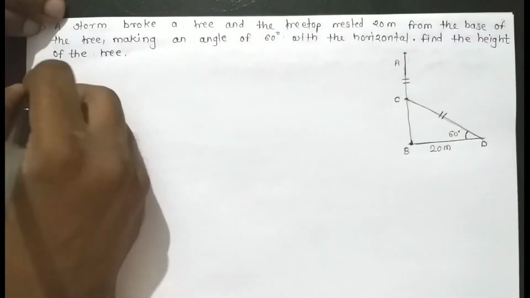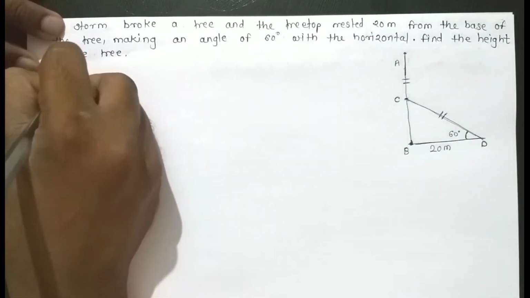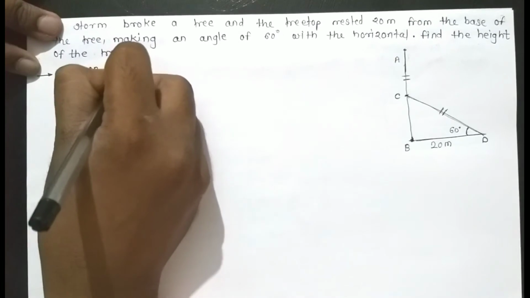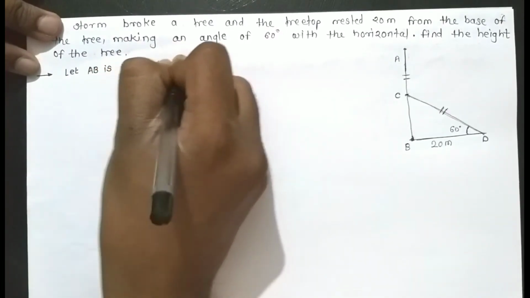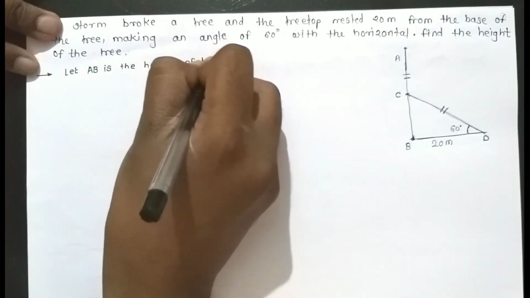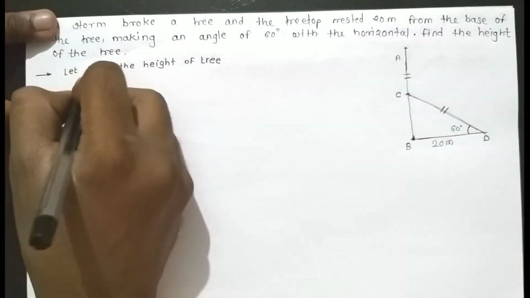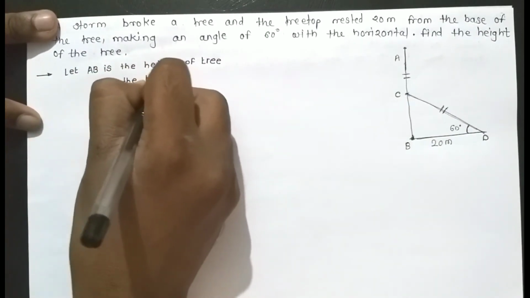So first we have to write the information. Let AB be the height of the tree. C is the breaking point.